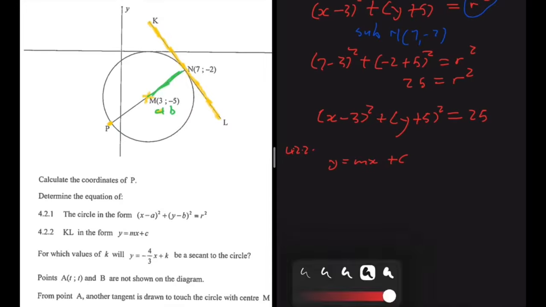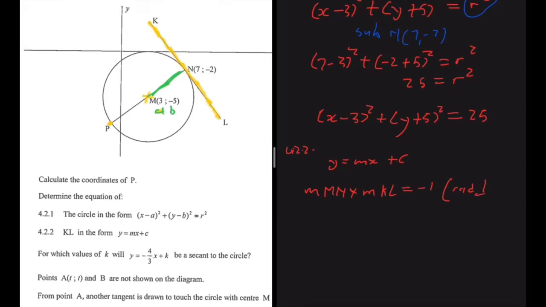Let me show you what I'm talking about. We're going to say that the gradient of mn multiplied by the gradient of KL should be equal to minus 1, right? Because the radius is perpendicular to the tangent.